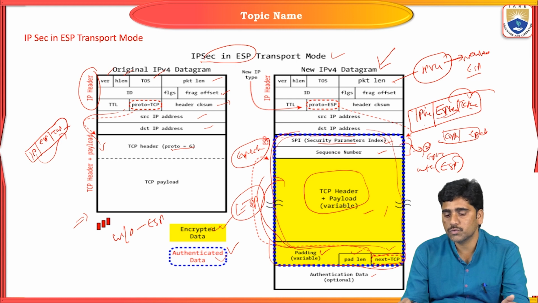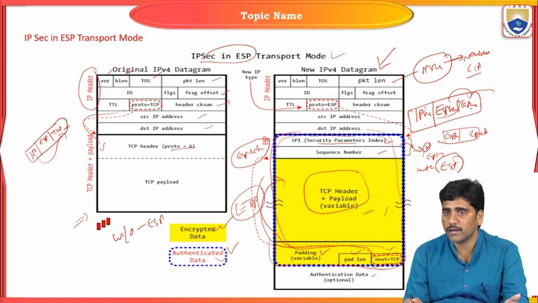Here only two things are happening. The IPv4 header's protocol field indicates that the next header is ESP, and that ESP header covers the ESP header as well as the ESP trailer. The ESP header contains the security parameters index as well as the sequence number, and the ESP trailer contains padding, pad length, and next header equal to TCP.